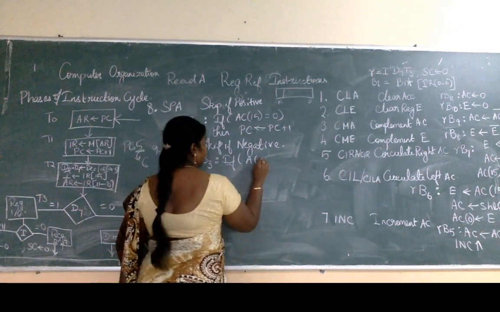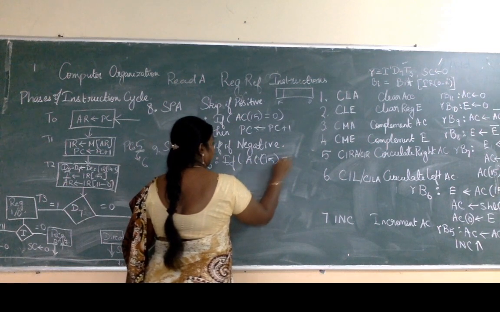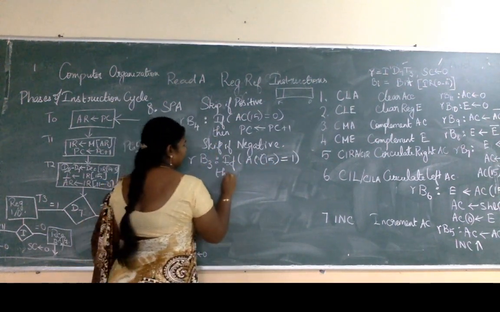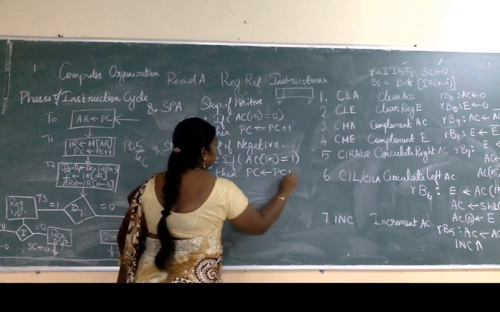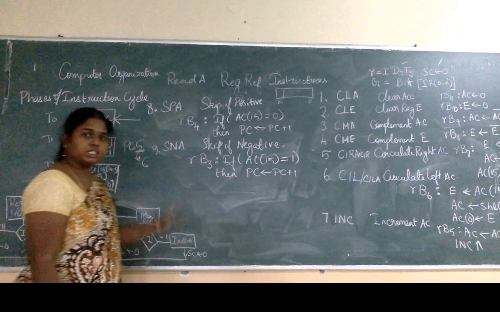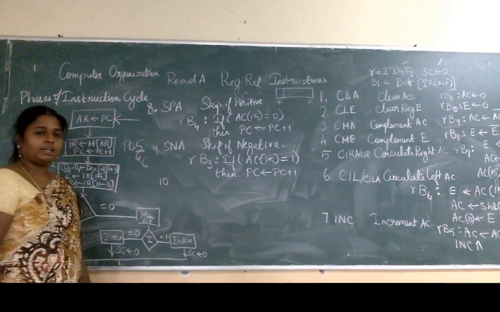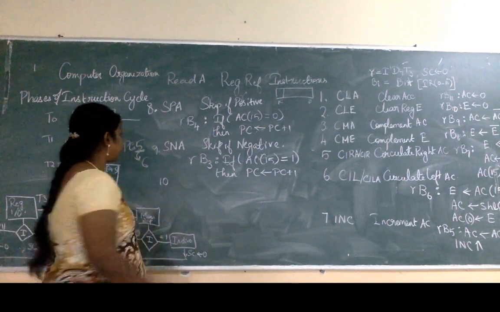The accumulator's 15th bit, if it is equal to 1. Very good. Then the value of PC will be incremented by 1. So PC is equal to PC plus 1. And this is called skip if negative.